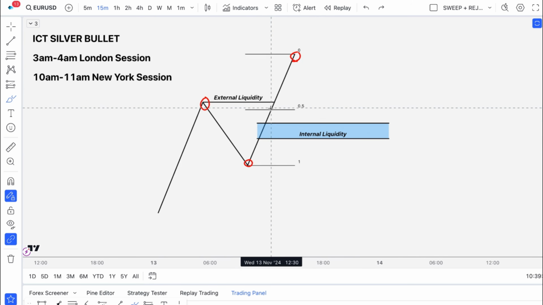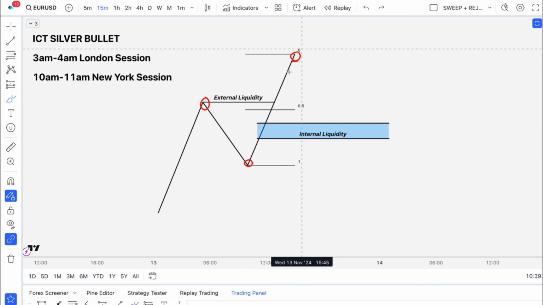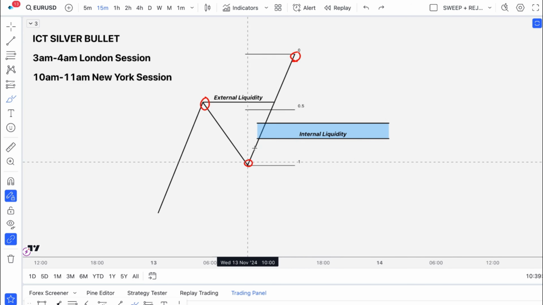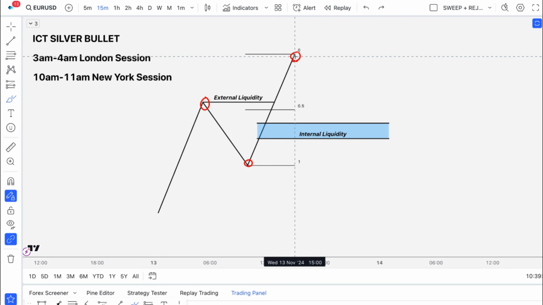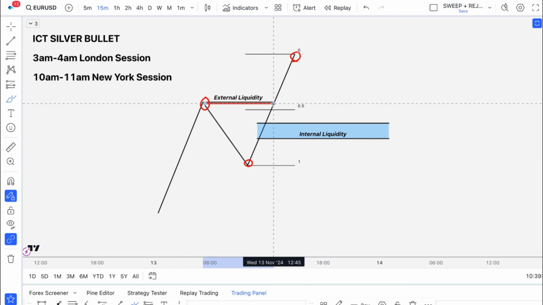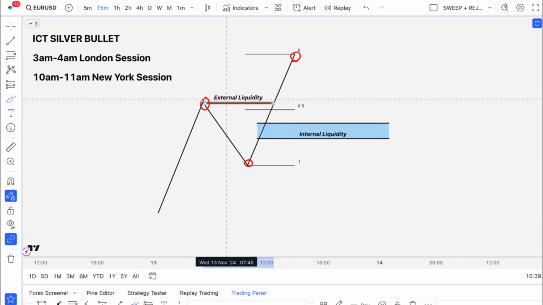Because as we know, in terms of liquidity, the way price moves is from external range liquidity to internal range liquidity. All that simply means is when you see this push to the upside, we are running external range liquidity that was resting above this major high.